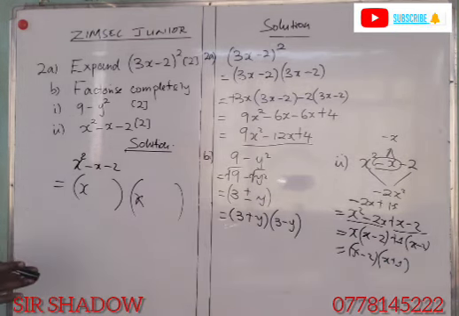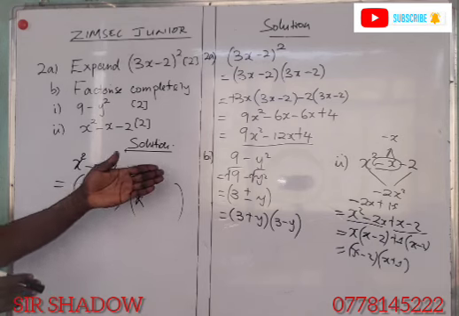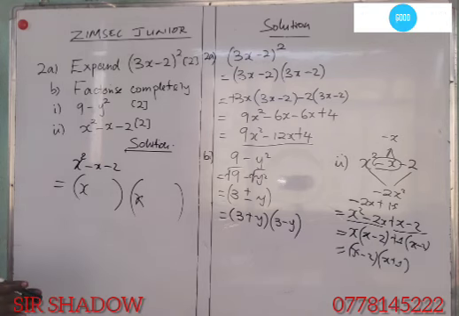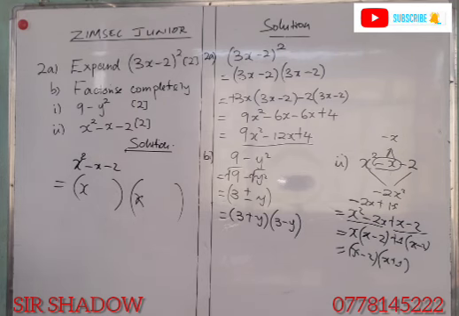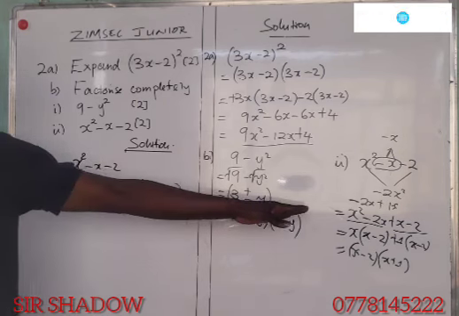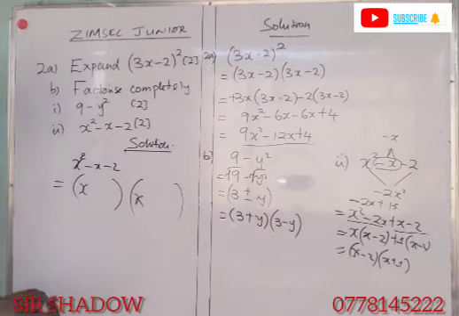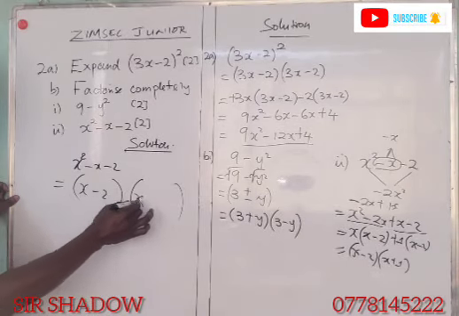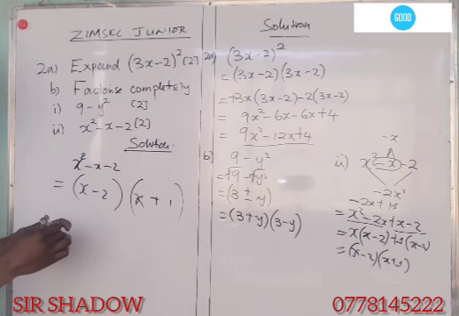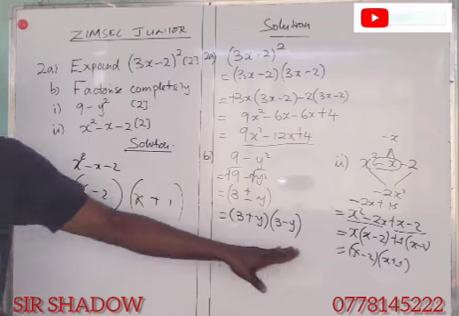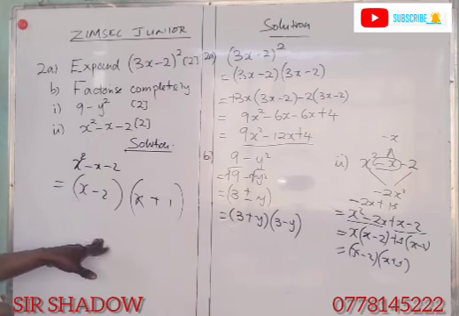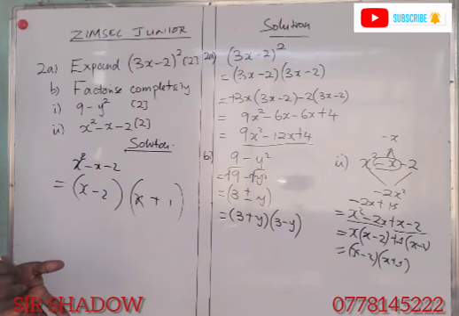So applying the second method, the coefficient of x squared is positive 1, which means your factors are also your solutions. These are factors minus 2 and plus 1. So we have to say minus 2 plus 1. If you notice, those solutions are equal just because the coefficient of x squared is positive 1.